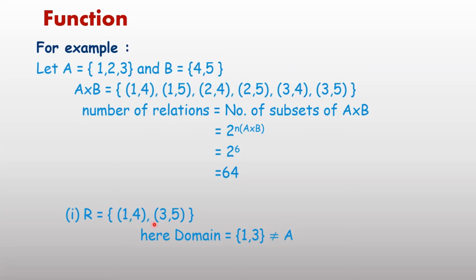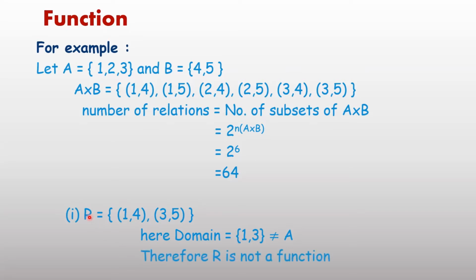Collection of first components in a relation is known as domain. 1, 3, there are two elements of set A {1, 2, 3}, means it is not equal to set A. As per definition of function, first condition, it should be a relation, satisfied here. Second condition, domain equal to set A. Since domain is not equal to set A, it is not a function from A to B. This relation R is not a function from A to B.